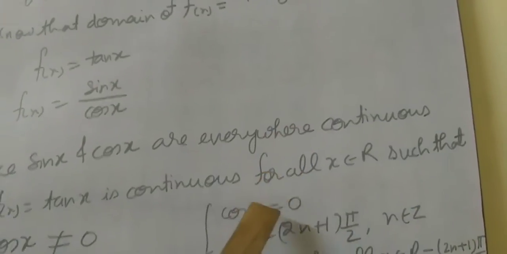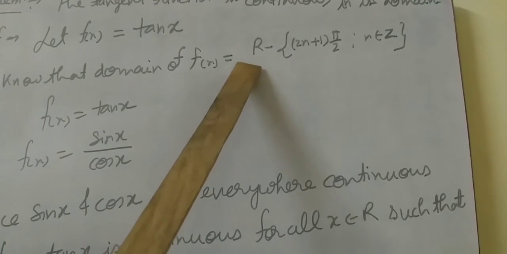So that's why in the domain of tan x it is written R minus (2n plus 1) pi by 2.